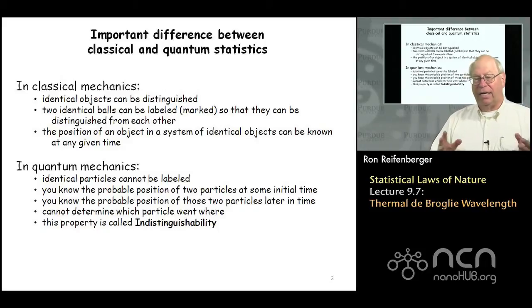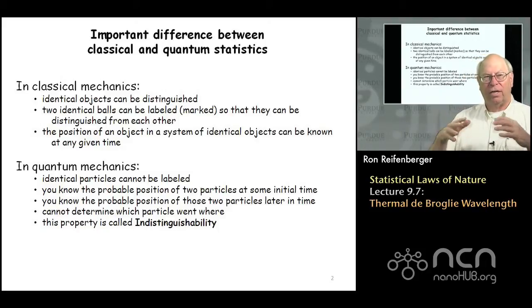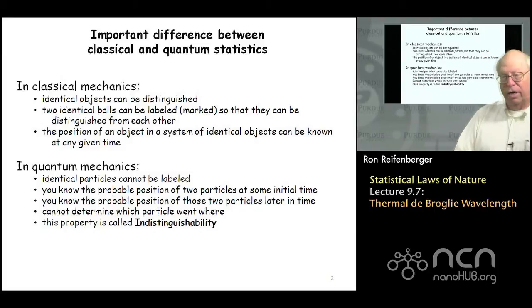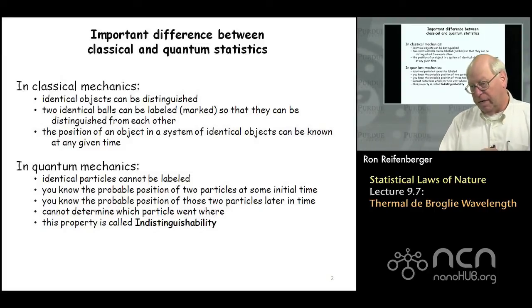In quantum mechanics, that's not possible because when you get to the quantum level, all electrons, for instance, are identical to an electron, and it's not possible to color these electrons and follow their trajectories. There are uncertainty principles related to uncertainty in position, and this basically means that you cannot track the particle over time.